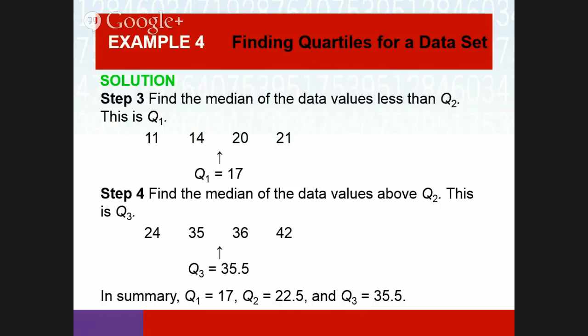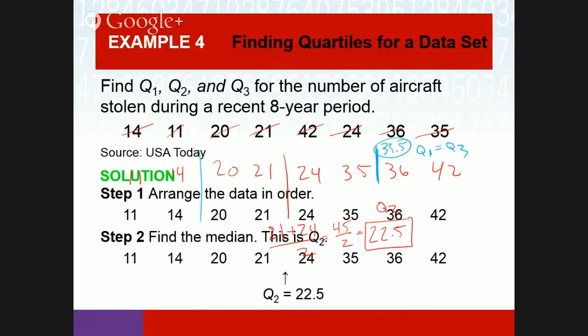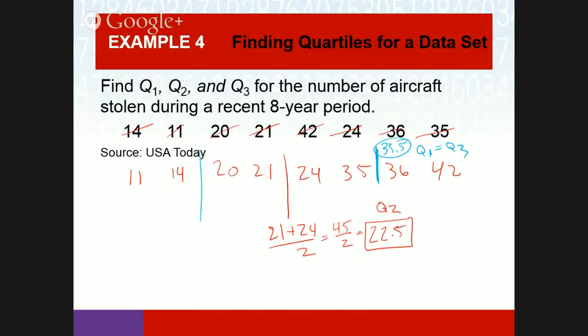So the median of the data value is less than Q2. Q2 is always your median. Okay, 20 plus 14 divided by... oh, sorry. These are the lower ones. So this is Q3. Or Q1, sorry.